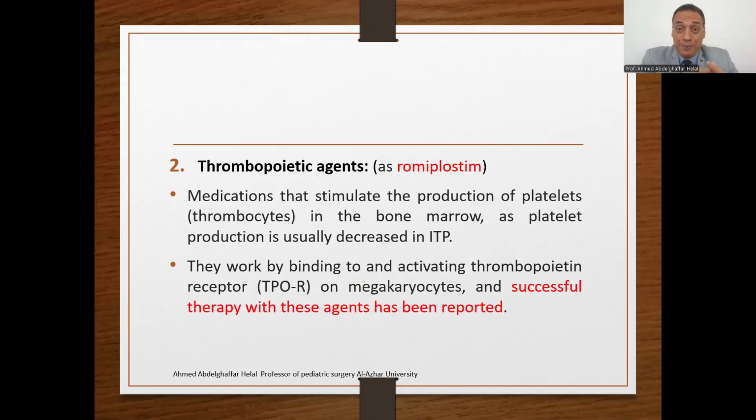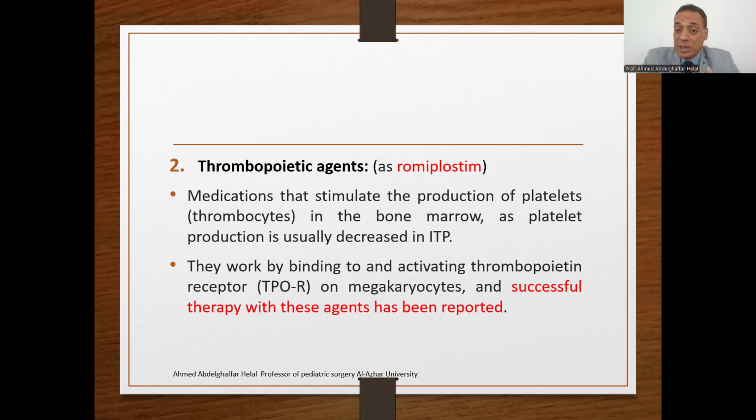There are some authors who try to give the child what's called a thrombopoietic agent to increase the production of platelets, because production is already decreased, usually, in ITP. So they work on the way of increasing production. These medications stimulate production of platelets, or thrombocytes, in the bone marrow.